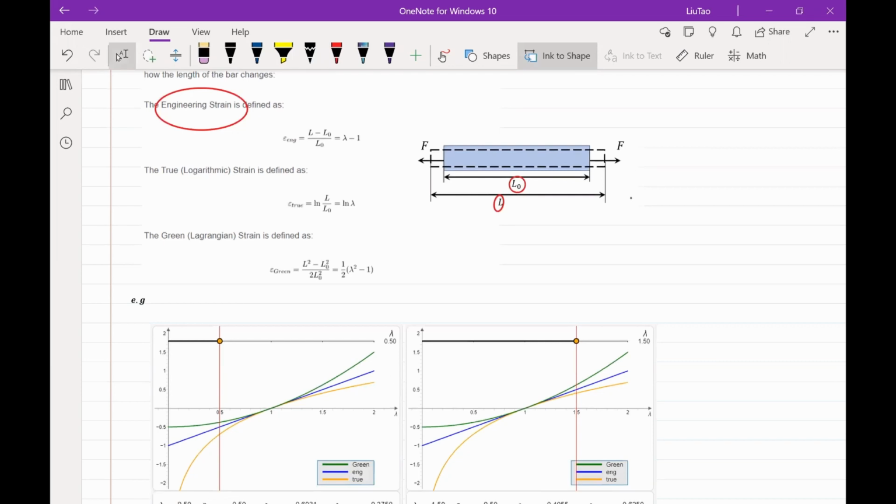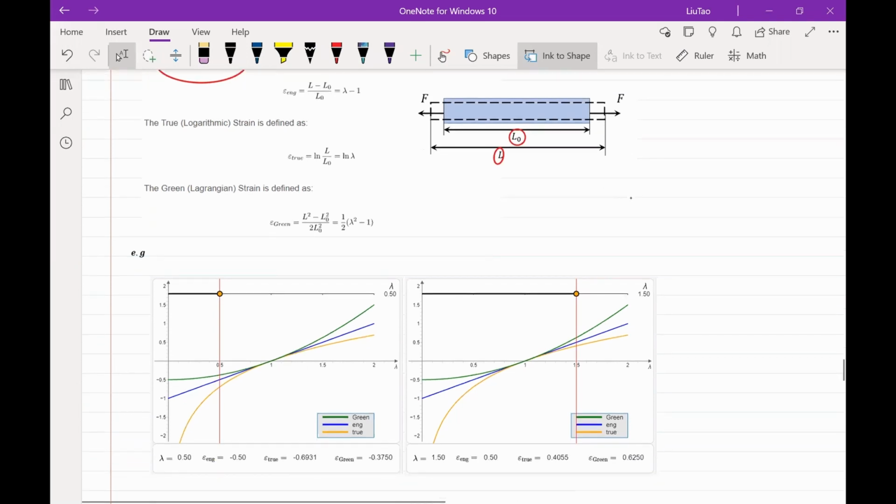And the true strain is defined as ln of L over L0, where ln is the natural log. So it's equal to the natural log of lambda.